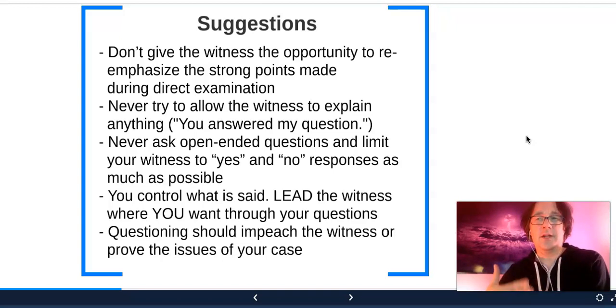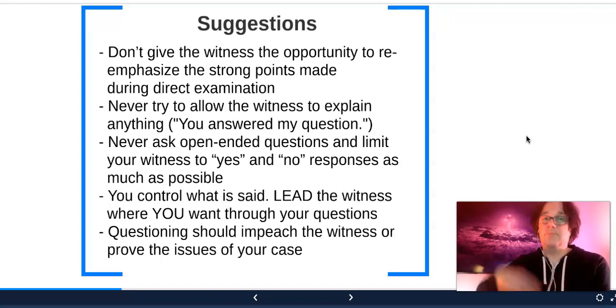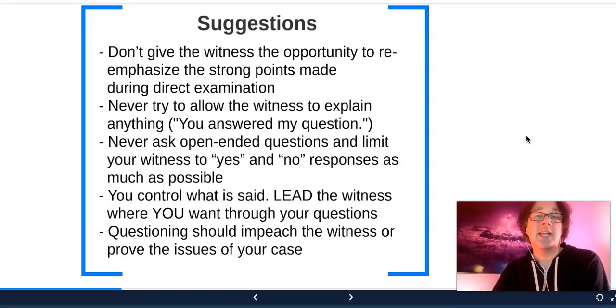And there's various ways that we can cut off a witness. You could ask them, sir, please answer my question, or that's not what I asked you, whatever it takes basically to get them to change the topic, right? You don't want to use cross-examination to further solidify the effect of direct examination.